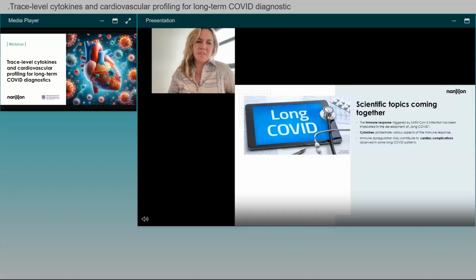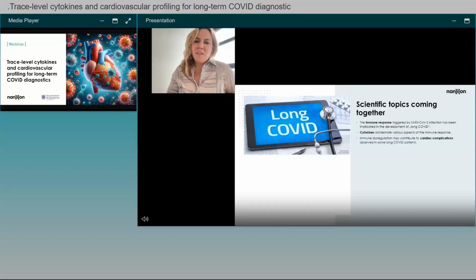The cytokine network ensures a coordinated and effective immune response against these pathogens. Furthermore, immune dysregulation may contribute to cardiac complications observed in some long COVID patients.